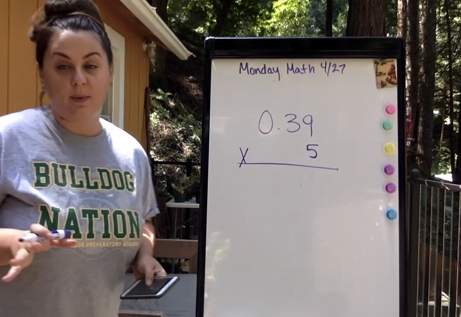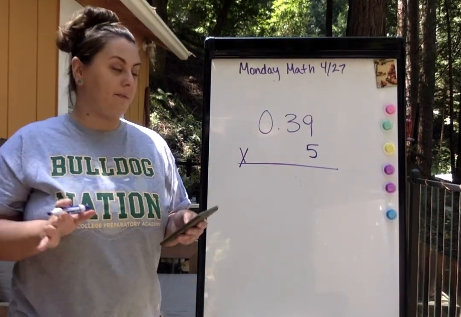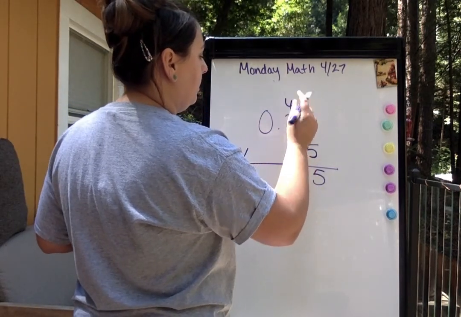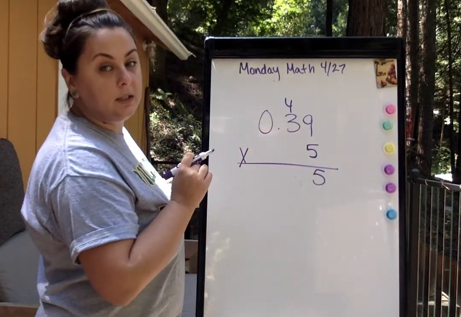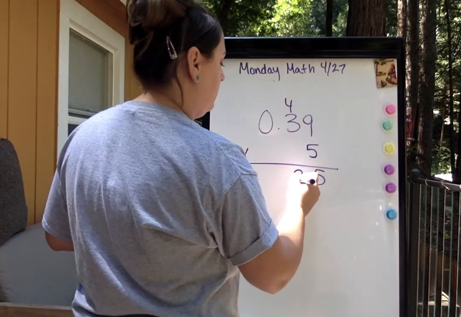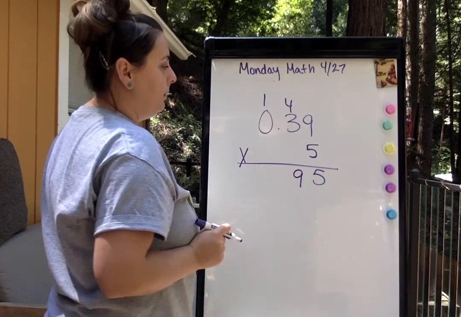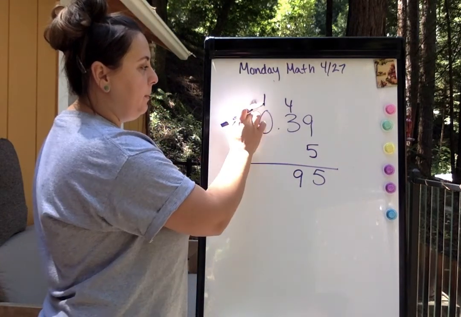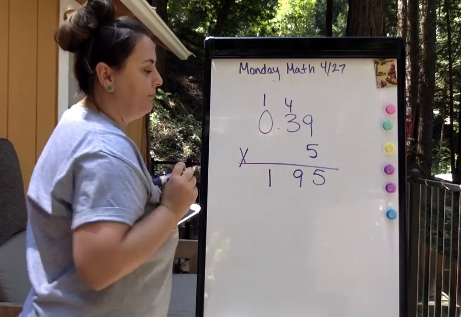Okay. Multiply like normal. Don't worry about the decimal point for right now. So 9 times 5 is 45. 5 times 3 is 15. 15 and 4 is 19. 5 times 0 is 0, plus 1 is 1.